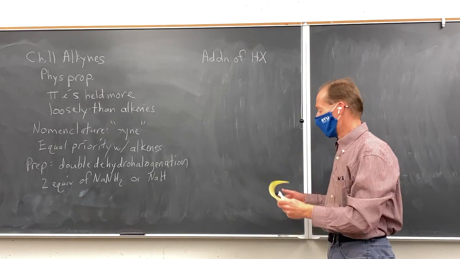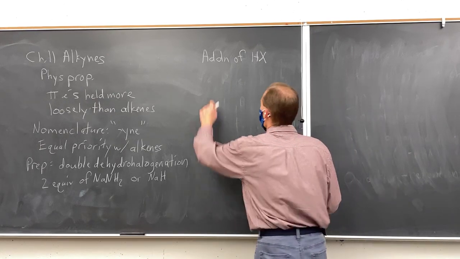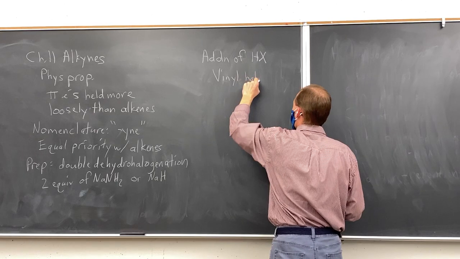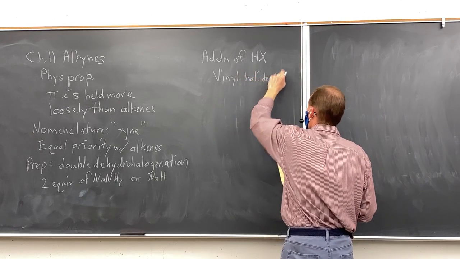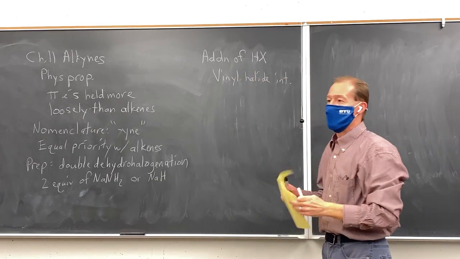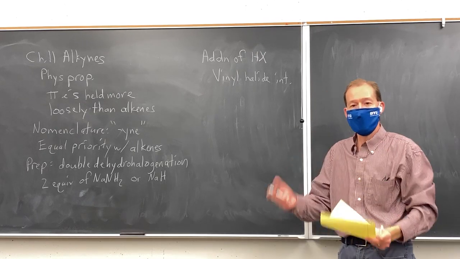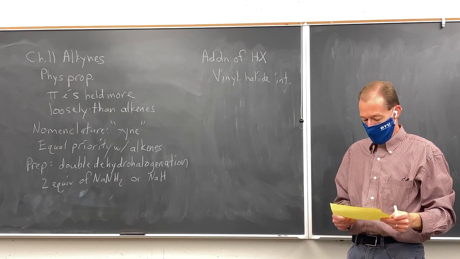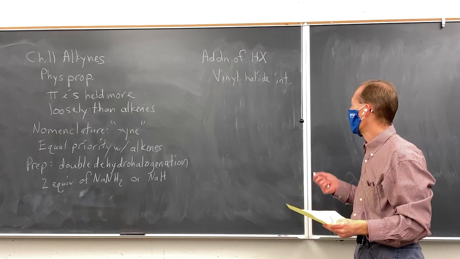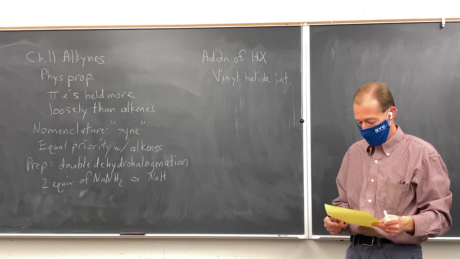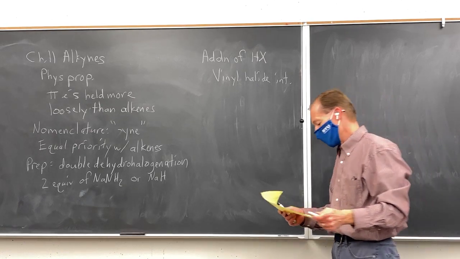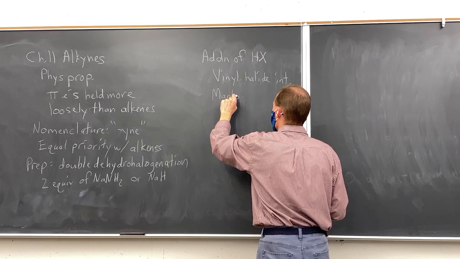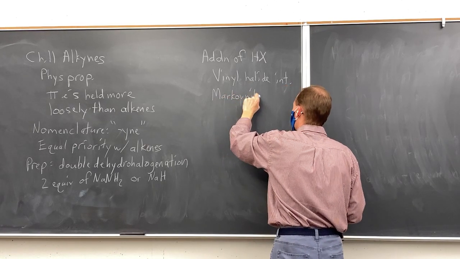If we use 1 equivalent, we're going to form a vinyl halide intermediate. And then when we add our second equivalent of HX, it would convert the vinyl halide intermediate into the dihalide product of this reaction. So a couple of points. We will follow Markovnikov's rule in this reaction.